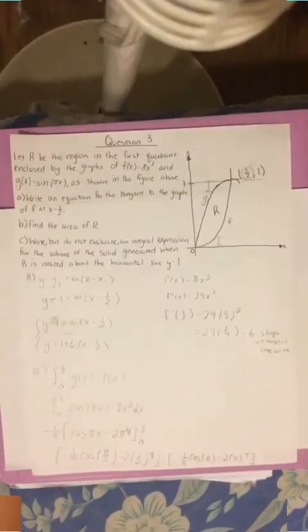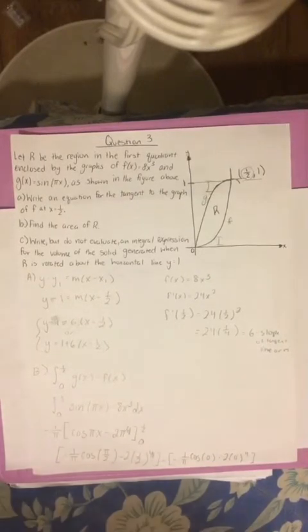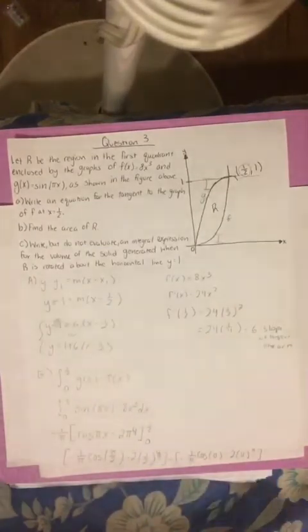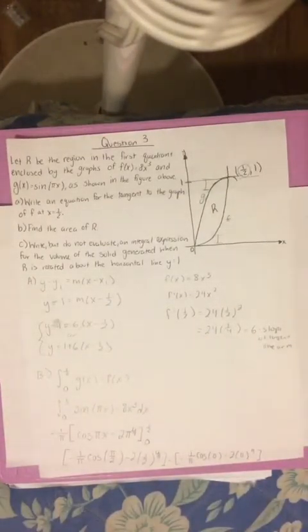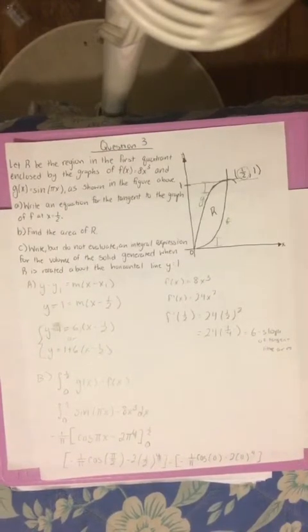For letter C, we need to write, but not evaluate, an integral expression for the volume of the solid generated when R is rotated about the horizontal line y equals 1. So we know the horizontal line will pass through the point 1/2 and 1. We already have a formula to plug into, and that will be the integral expression we need to find.